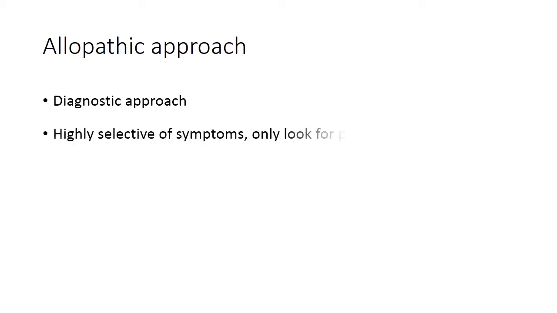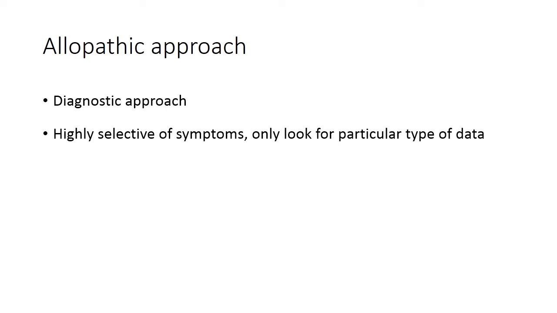So first of all, let's have a look at the allopathic approach. The allopath is also looking at symptoms in science, but with a different perspective and a different worldview. He has got a diagnostic approach, which means they want to name a disease so that they can act on it in a formal, recognized, authenticated way, which is approved by their school.